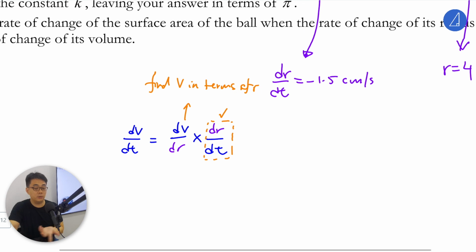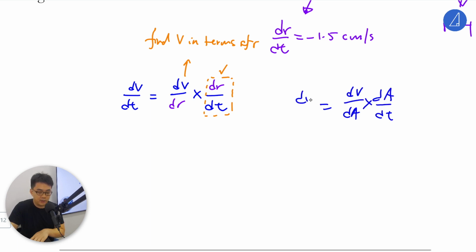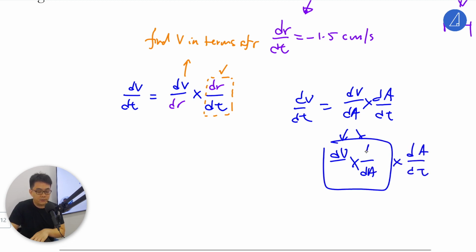If you do not know how, sometimes, say dV/dA times dA/dt, let's say this is dV/dt and you're given dA/dt. Then you do another chain rule. Just use chain rule, guys. Chain rule is your friend. You do another chain rule, then you just fill this as r. You keep using chain rule until you get the things that you want.